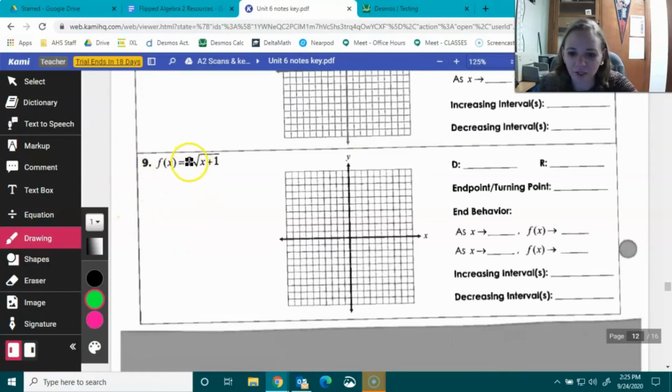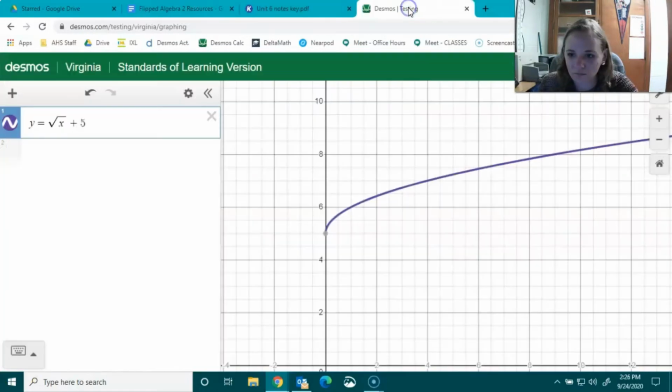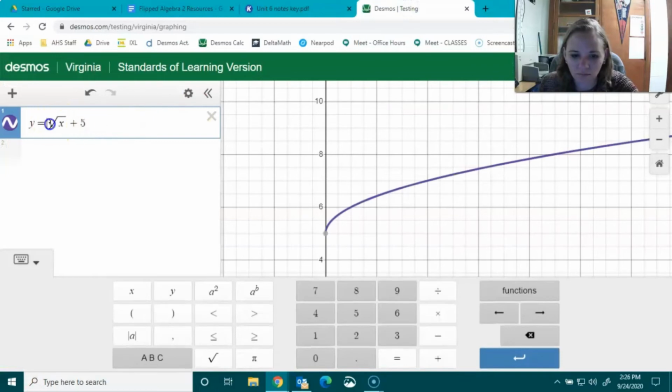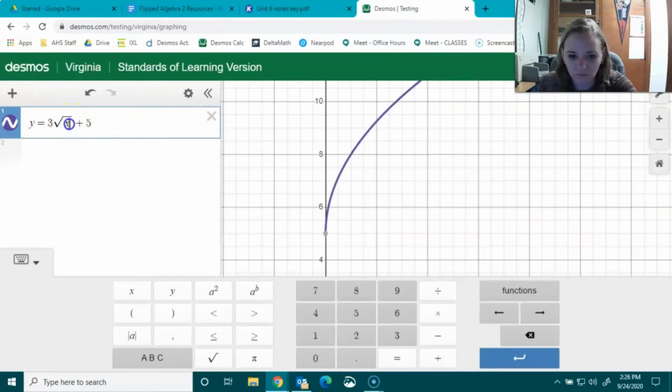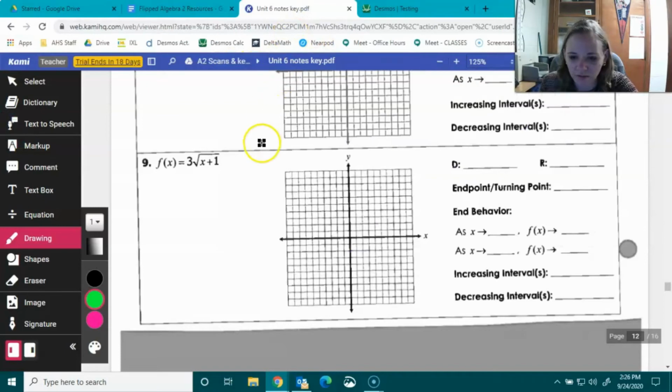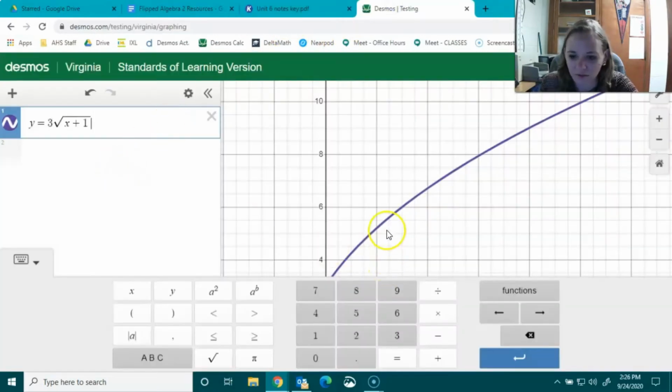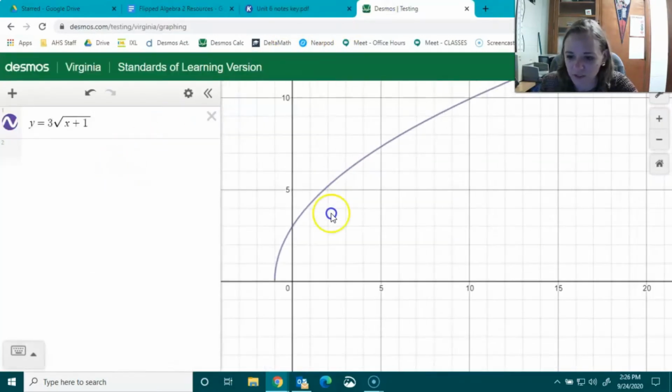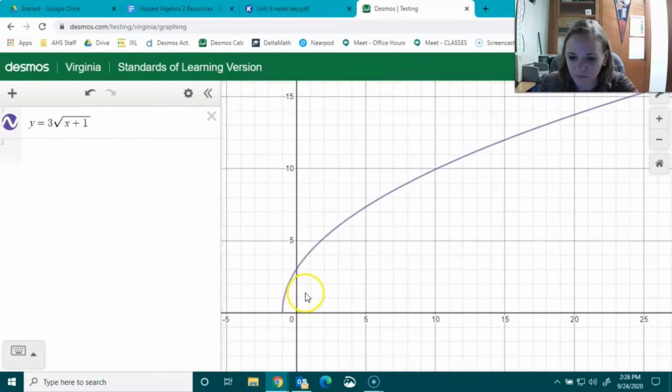We got a number out here, 3 radical x plus 1. Three radical x plus 1. Okay, we're good. So, adjust my graph so I can see everything.